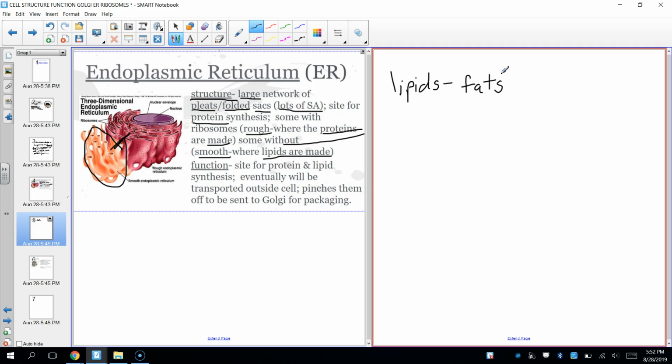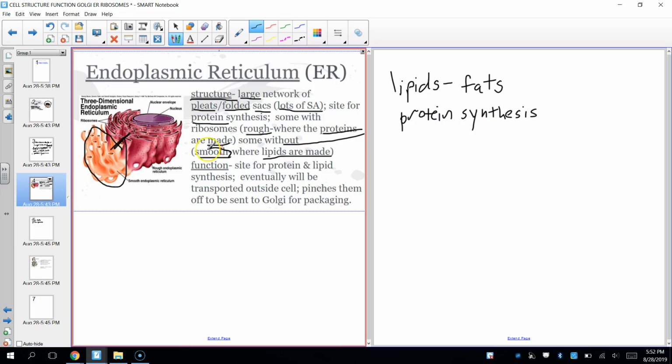Okay, so again, protein synthesis. Synthesis, you guys, is just a fancy word for the making of. So the ER makes proteins, okay? It also makes lipids if you're talking about the smooth ER, okay? Now the function, I kind of overlapped a little bit there.